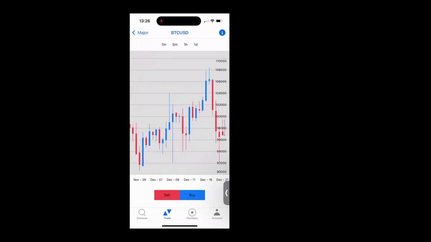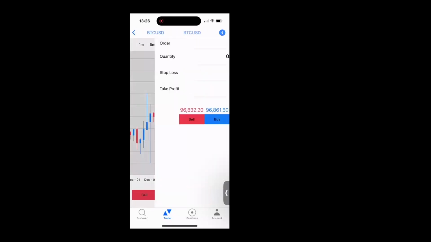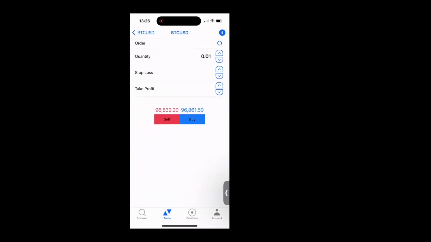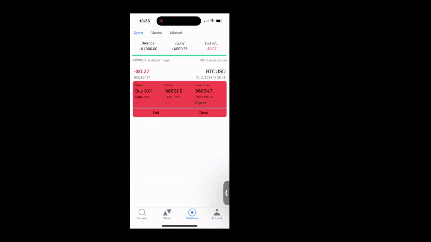I can see yesterday crypto tanked. Let's hope there's a bounce back. I'm now going to click buy, and perfect. Just like that, I've now bought. I've now done a trade on Bitcoin USD, and you can see here the live P&L of said trade.